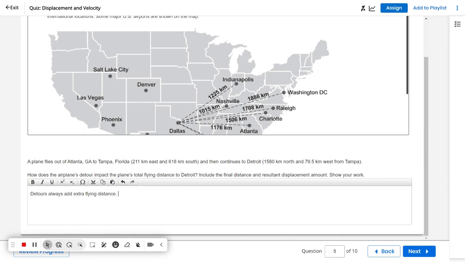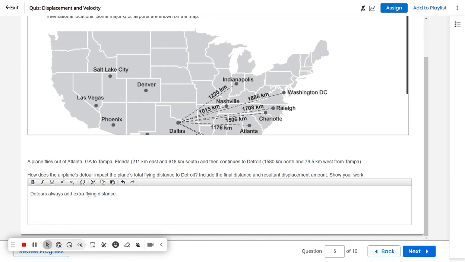Now they want us to include the final distance and a resultant displacement amount. If you notice the east to south and the north to west, those distances are perpendicular, as I mentioned on the last problem. Yes, they're perpendicular.